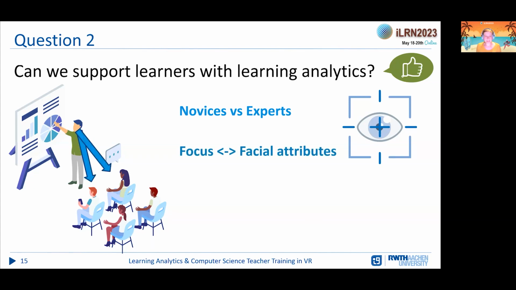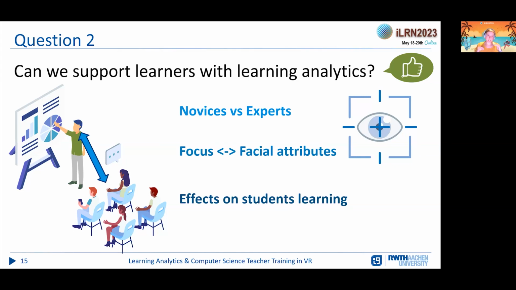We also found that there is a connection between the focus of the teacher and some facial attributes of the students, for example, gender. And lastly, and that's really interesting, that the focus of the teacher has an effect on students' learning. So together with the first novices versus experts, it's really interesting to see how a novice proceeds to be an expert and when it changed and how.